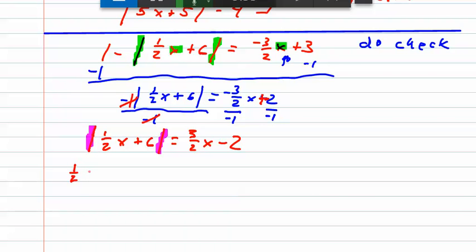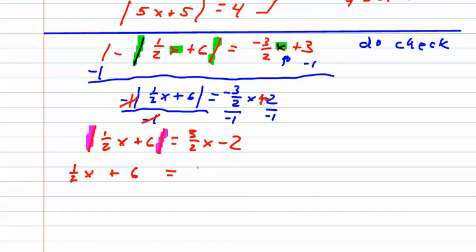1/2 x plus 6 equals 3/2 x minus 2, and 1/2 x plus 6 equals negative 3/2 x plus 2.